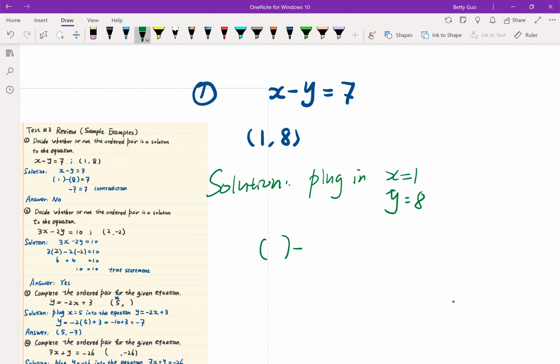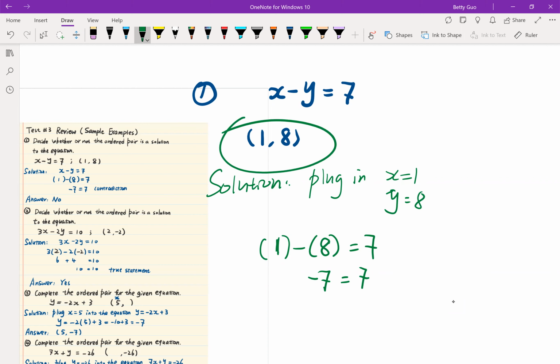X minus y equals 7. What is x? What is y? What is 1 minus 8? Is -7 equals 7? True or false? False.